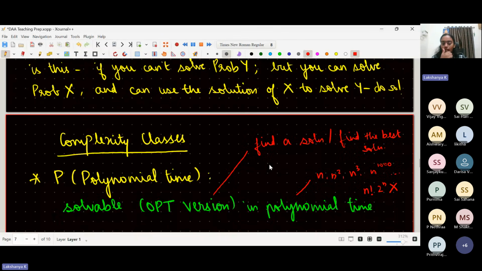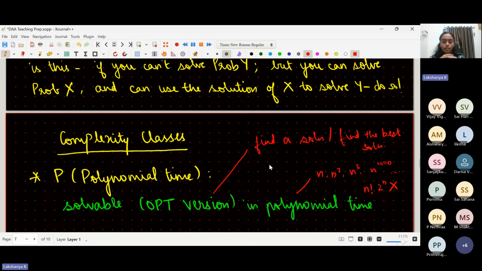So polynomial time is any problem whose optimization version you can solve in polynomial time, right? So is class P clear? Yes, no? Yes. Right. Can someone give me an example of a problem belonging to class P, a computational problem?